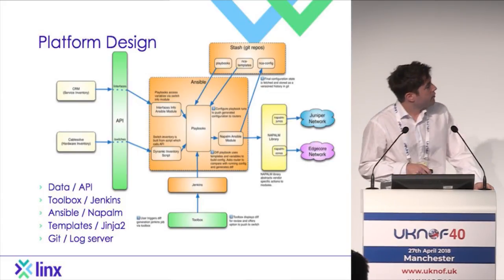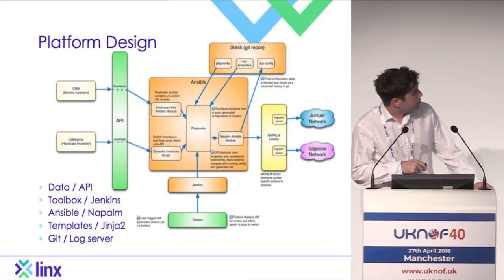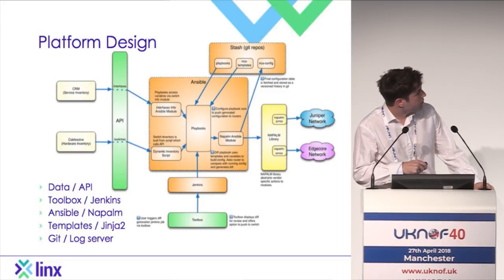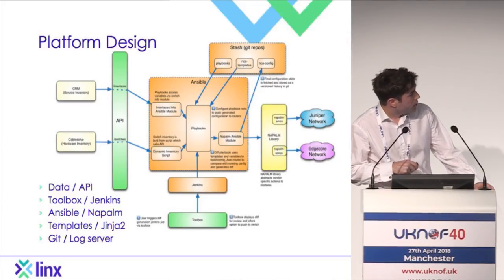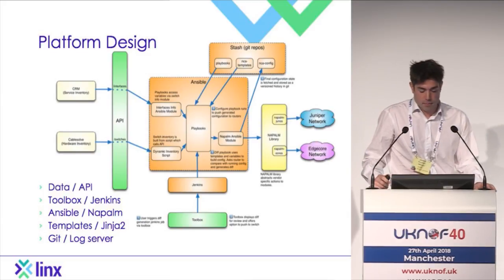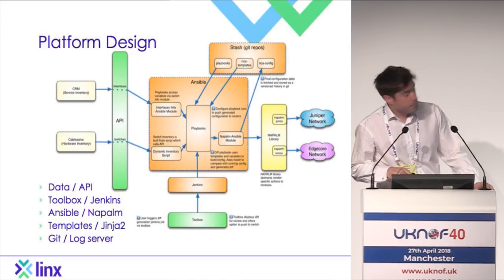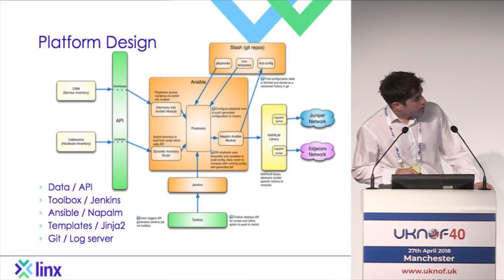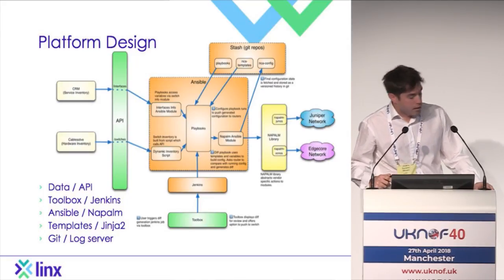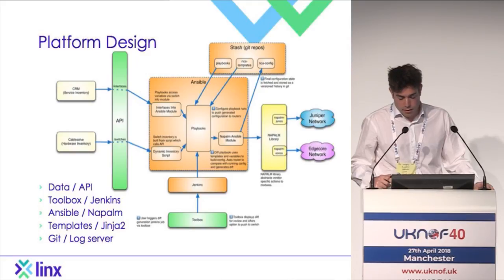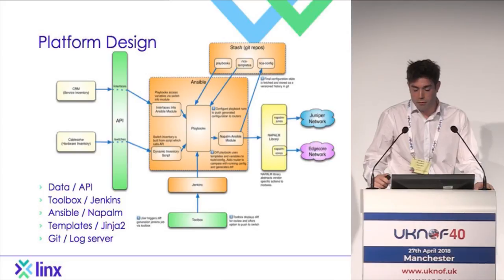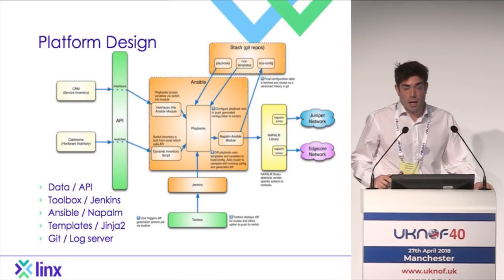On the left side, you have the data coming from both service inventory and hardware inventory, which is used by the platform through the API. And on the right side, you have the actual network, which is connected to the platform through the Napalm library.